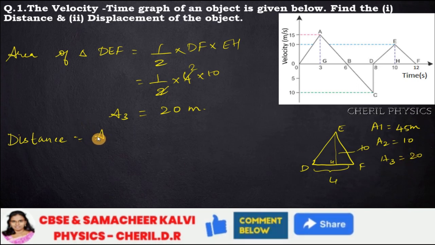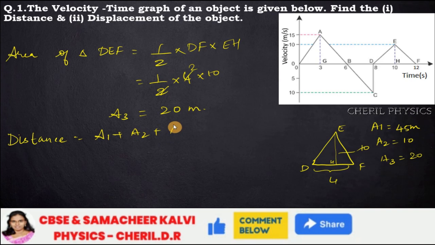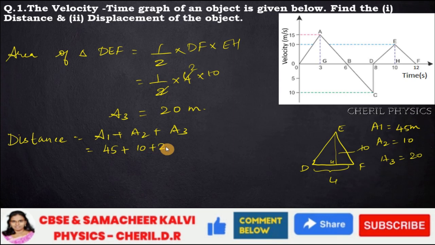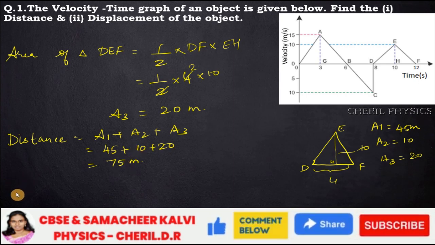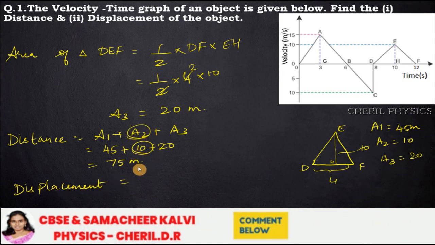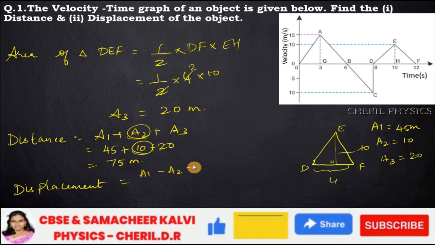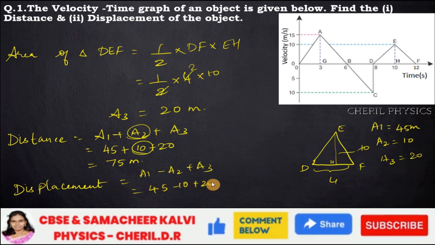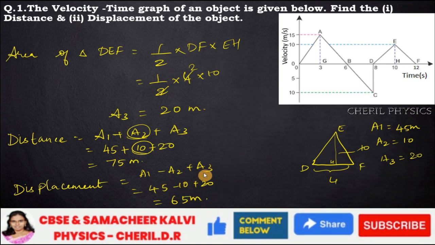So for distance it will be A1 plus A2 plus A3, which is 45 plus 10 plus 20, which will be 75 meter. If you have to find out the displacement, you're just going to subtract A2 alone. So it will be A1 minus A2 plus A3, which is 45 minus 10 plus 20, which will be 65 meter. Is it clear how we've got it?